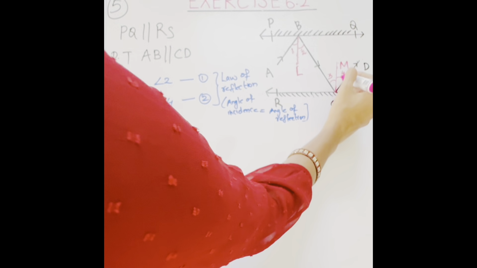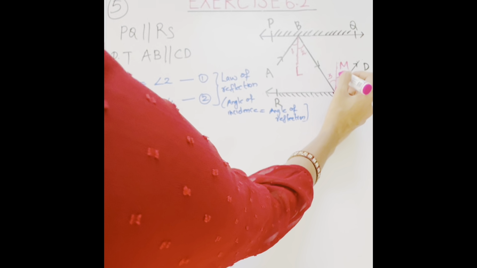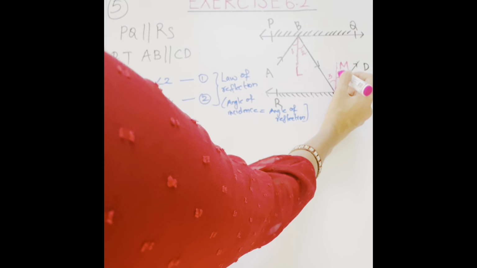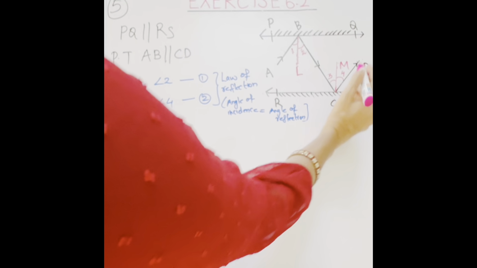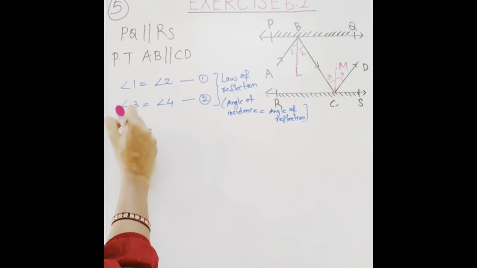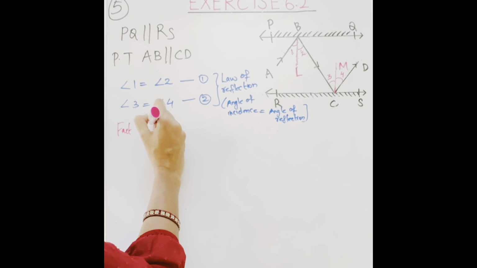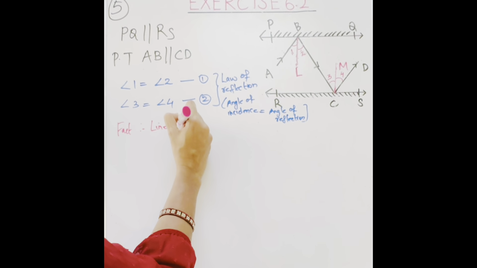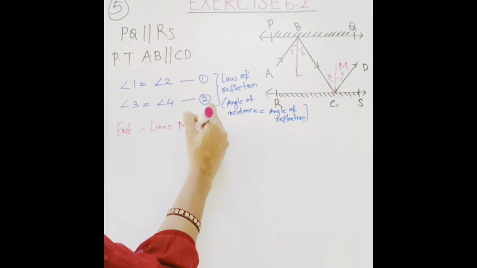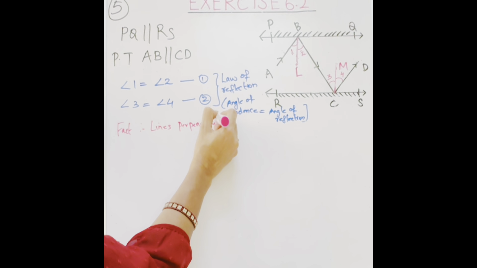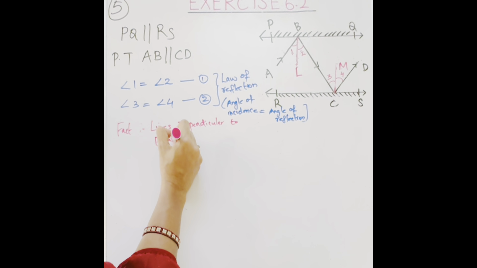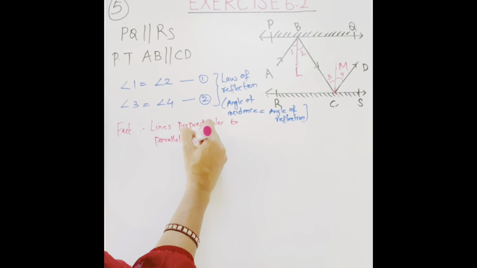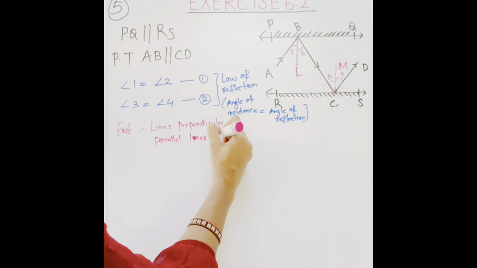So BL and CM. Look at these two lines. Are these two parallel? Yes. We can state these two are parallel because we have already studied the fact that lines perpendicular to parallel lines are parallel.